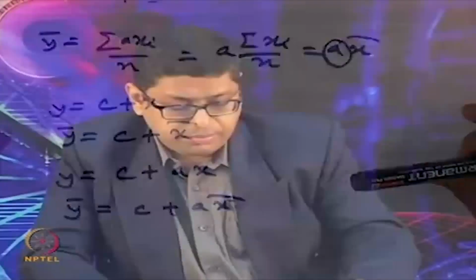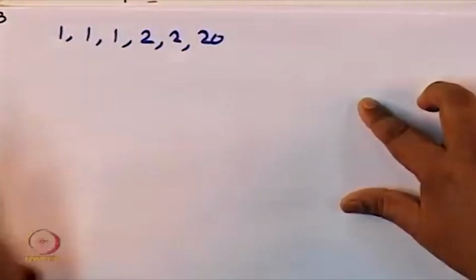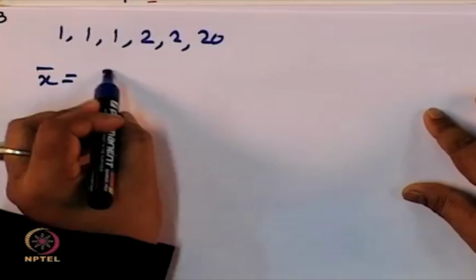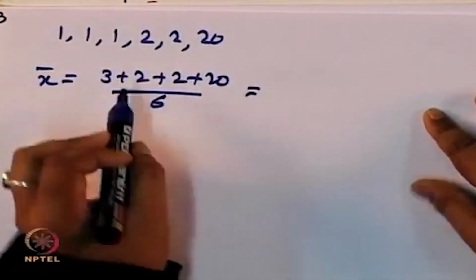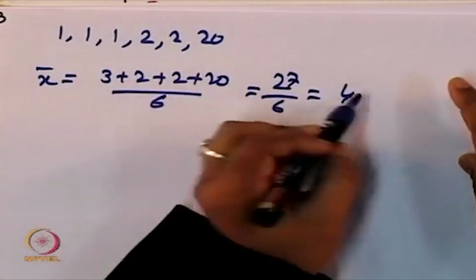So, this is arithmetic mean, and we found that one of the main caveats of the arithmetic mean is if you have a wide variation in your values. Let us just take one particular example. Let us say I have my values as 1, 1, 1, 2, 2, 20. So, I have 6 values, my x bar is equal to 3 plus 2 plus 2 plus 20 by 6, so 27 by 6, which will be 4.5.